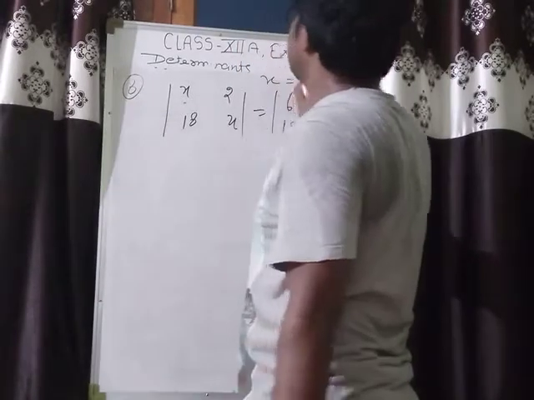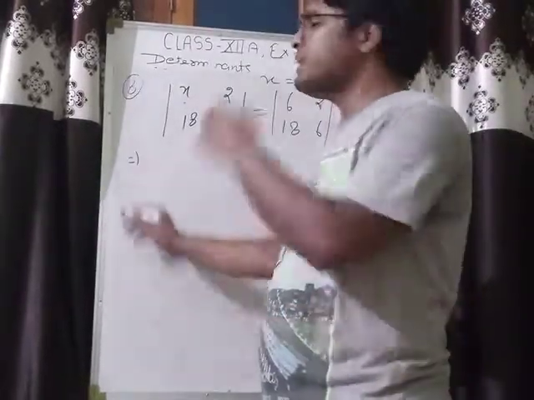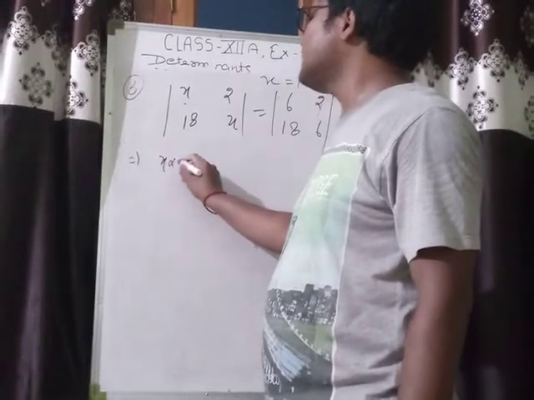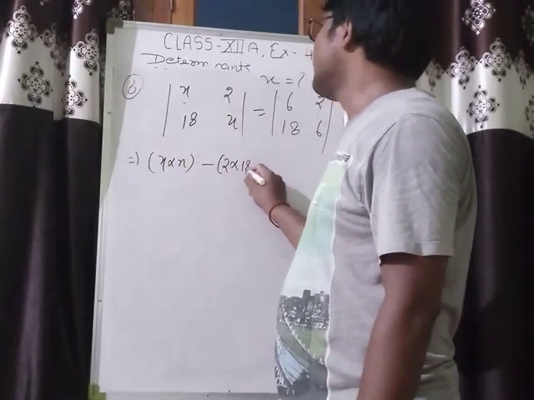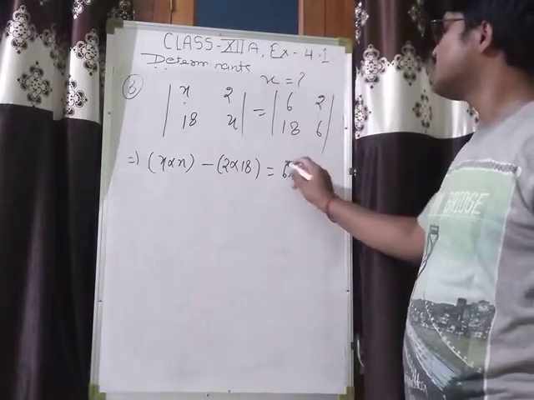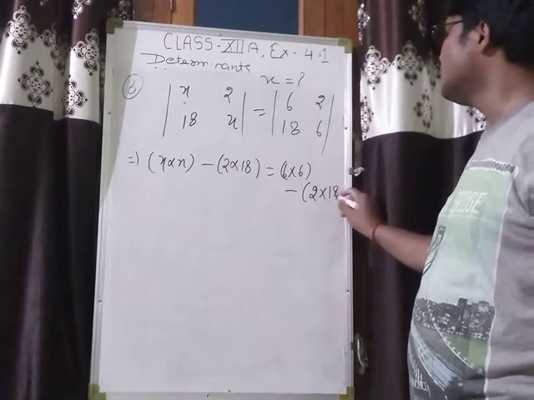Find x. X is equal to what? So find out the determinant of the given matrices both sides. Product of the diagonal entries x into x minus product of off diagonal entries 2 into 18 equal to product of diagonal entries 6 into 6 minus product of off diagonal entries 2 into 18.